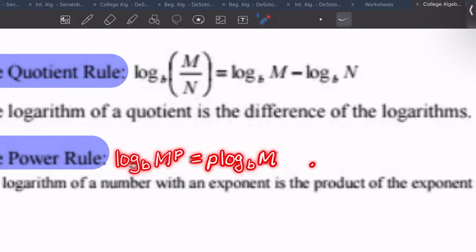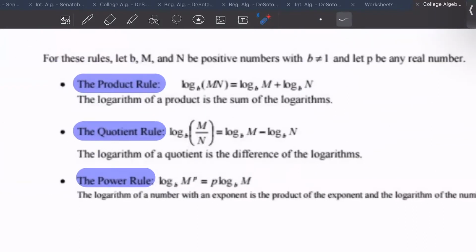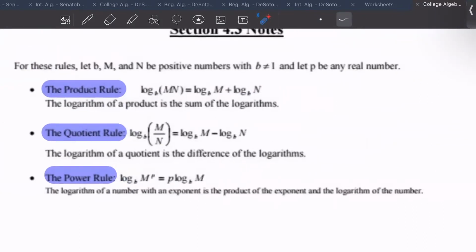So we're just taking this exponent out front. That's the power rule. That one's really the only one that's a little different than the other two. The other two really go along with our product rule and quotient rule when we are multiplying and dividing exponents, okay?